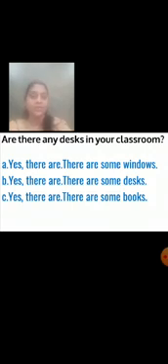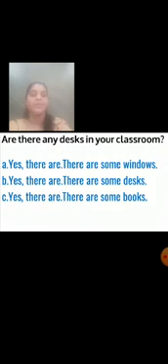So, is the first option correct? See, the first option is yes, there are some windows. The question is asking about windows? No. See the second option. Yes, there are some desks. The question is asking about desks.